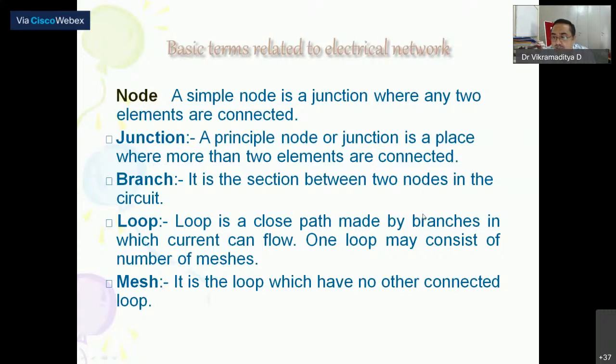Later on you will come to know about a method called nodal analysis, so you will be very much interested in the nodes. Node means where two or more than two branches meet. And a branch, in fact, if three elements are connected in series, then they may have a junction, but they will be considered as a single branch.